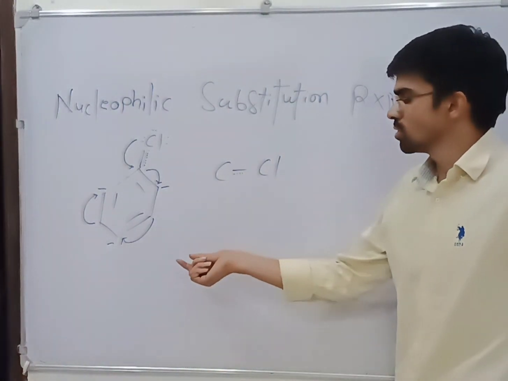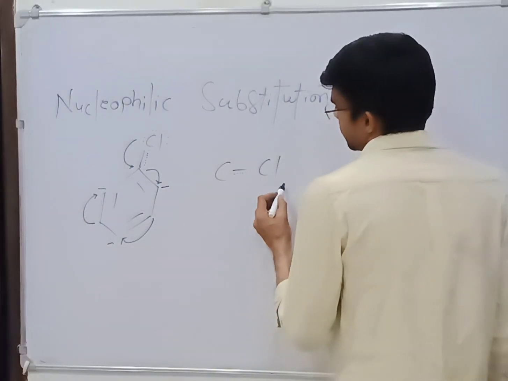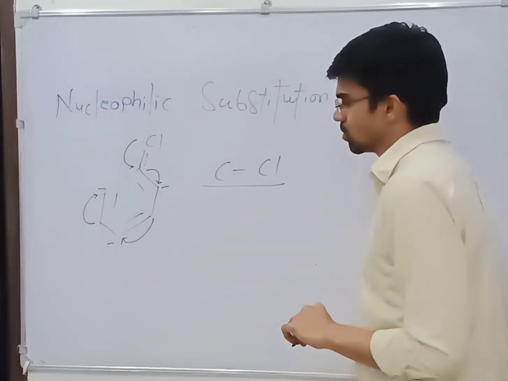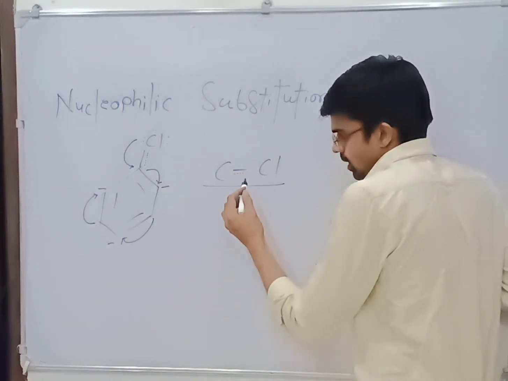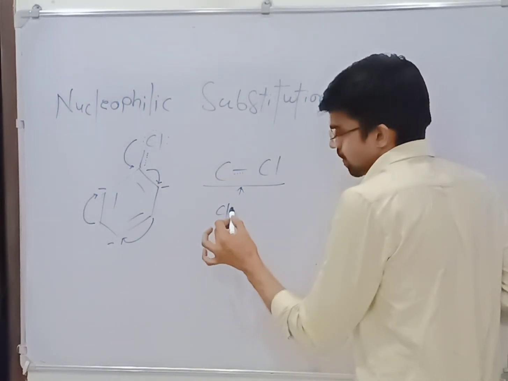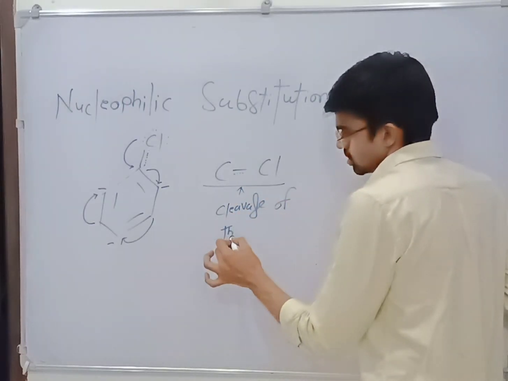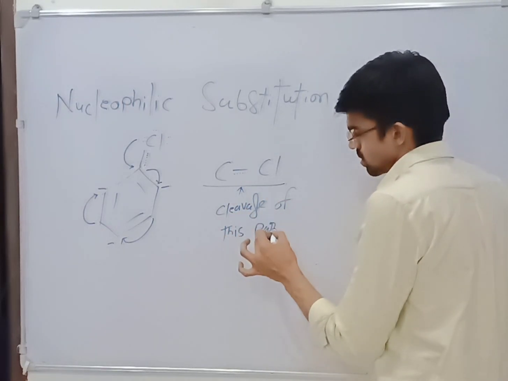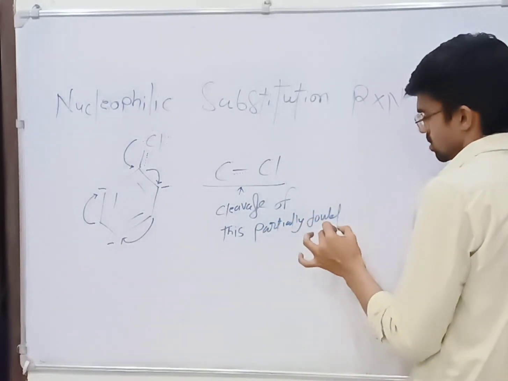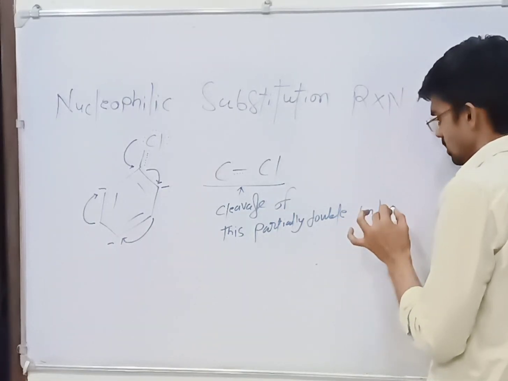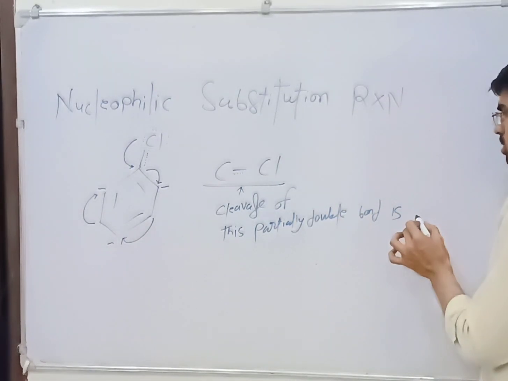Because of this partially double bond character between the carbon and chlorine, it is very difficult for the cleavage of this bond. Normally cleavage of this partially double bond is difficult.